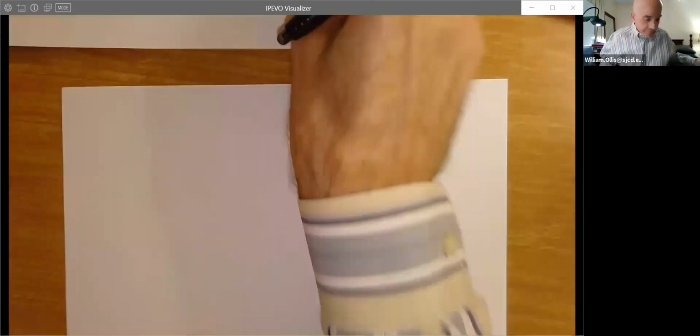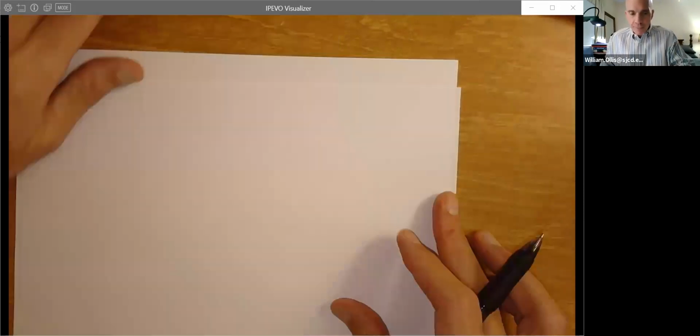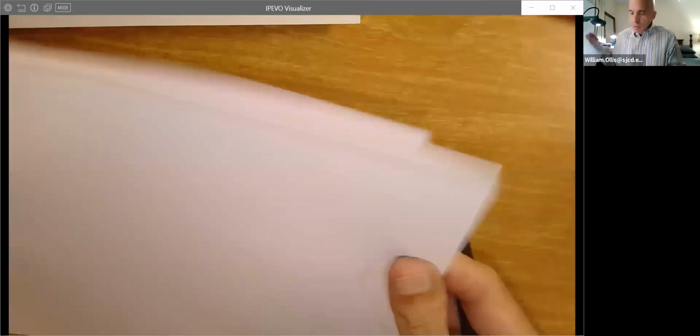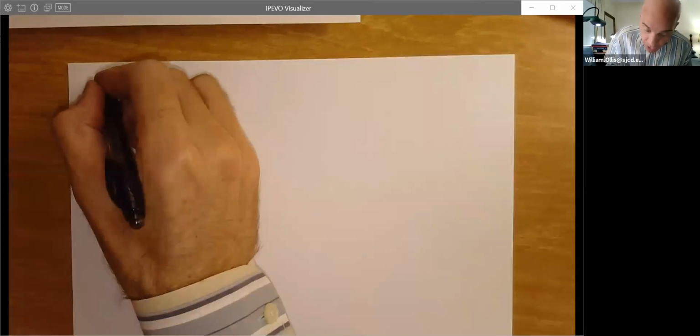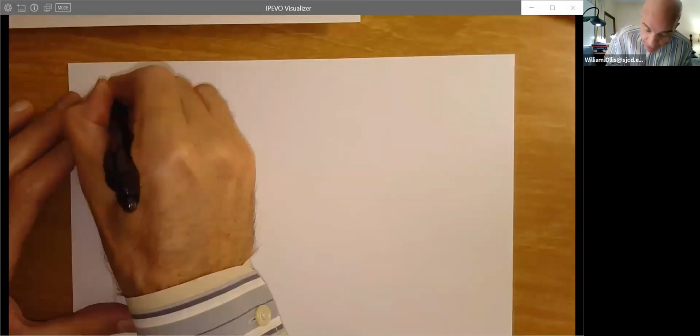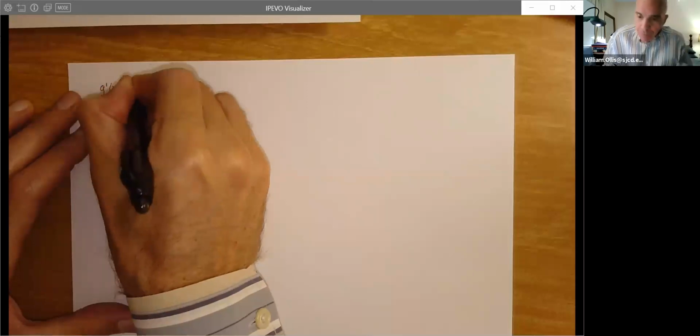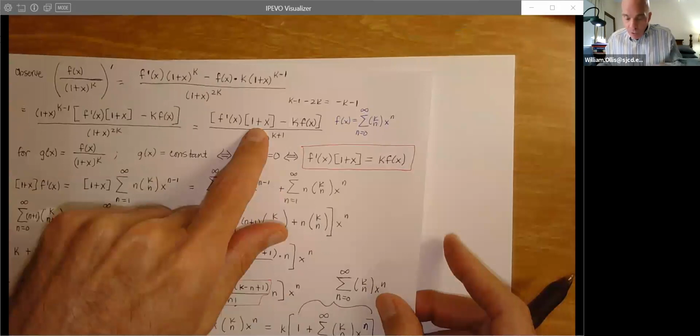So now, too many sheets here. So we see that in this case, that g prime of x is indeed 0, because it's 0 if this is true, because that makes that 0.